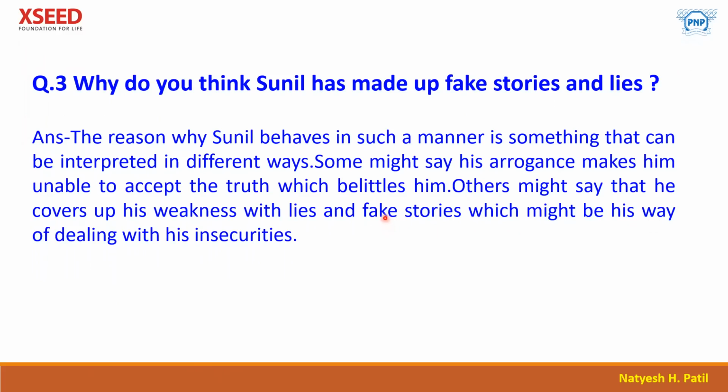So this is the reason Sunil has made up fake stories and lies: he wanted to cover up his weakness, and that's why he took the help of lies and fake stories. Understood? Go through the same again and again so that you'll come to know how a proper answer should be written. I'm expecting your own answers to all these questions.